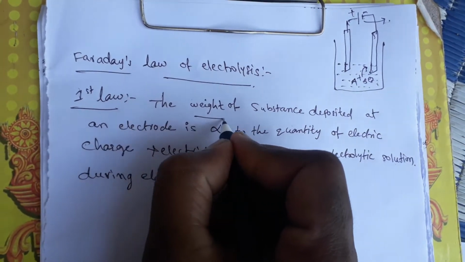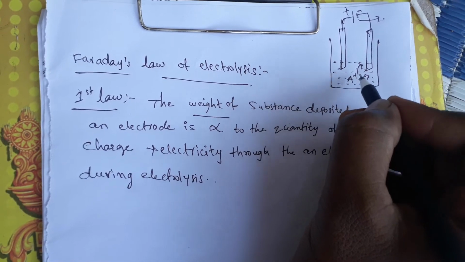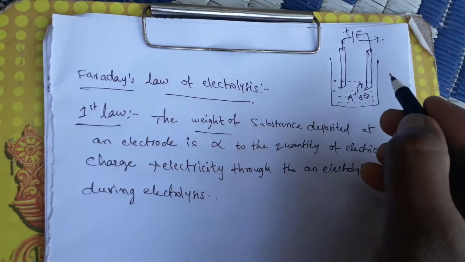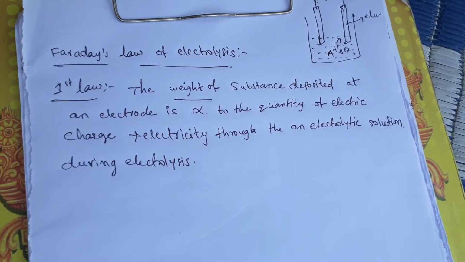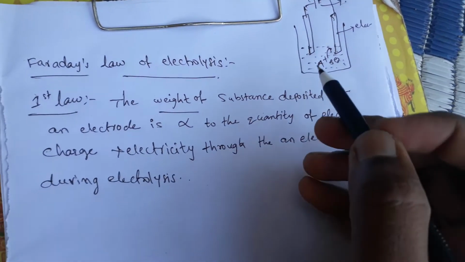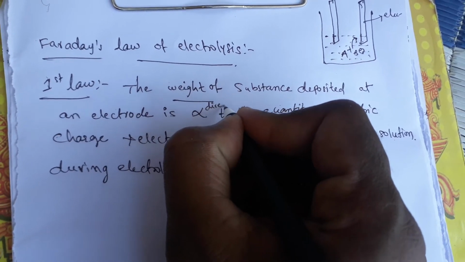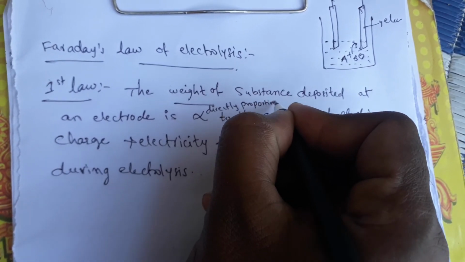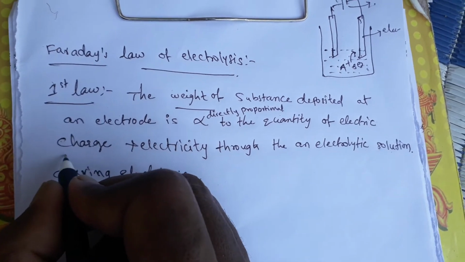That means the weight of the substance, this substance you are taking as electrolyte, deposited at an electrode, is directly proportional to the quantity of electric charge.